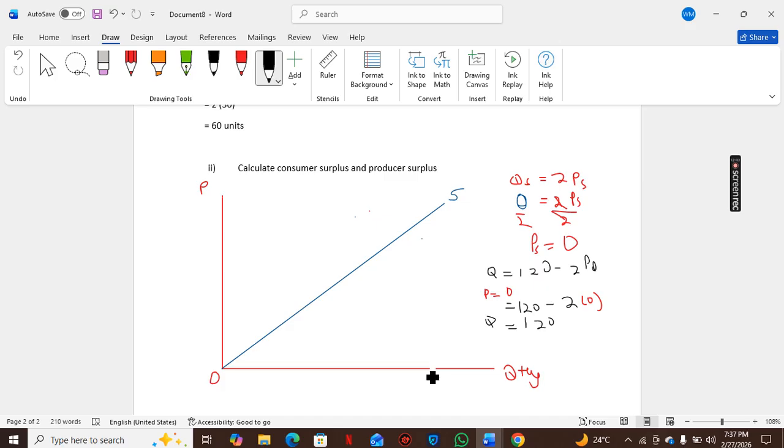So when the price is 0, the quantity demanded is 120 units. So this is our x-intercept here.